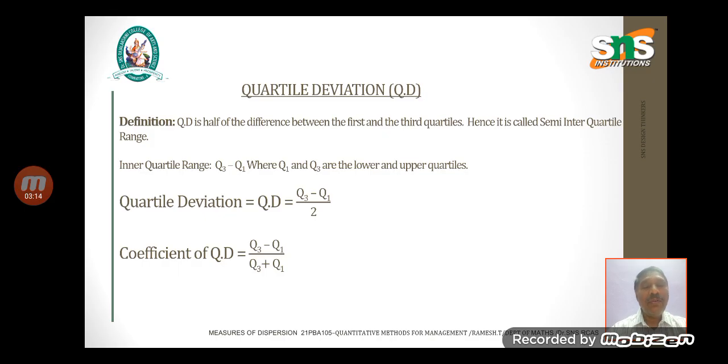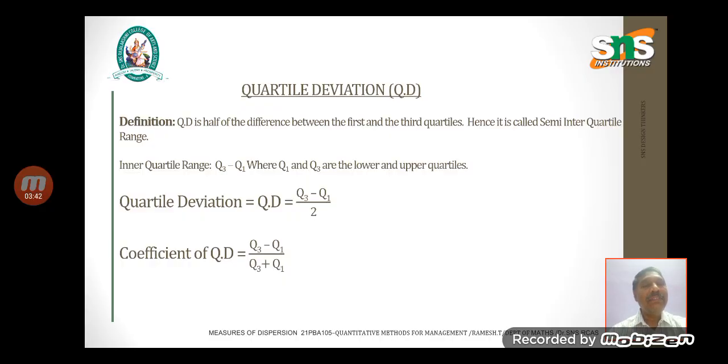There are four parts. The first value is the first quartile, the half value is the semi-quartile, and the three by fourth value is the third quartile, and again the whole value. So the interquartile range is calculated from Q3 minus Q1. Q3 is the third quartile, Q1 is the first quartile. That is the third quarter part and the first quarter part. The difference of these two is called the interquartile range.